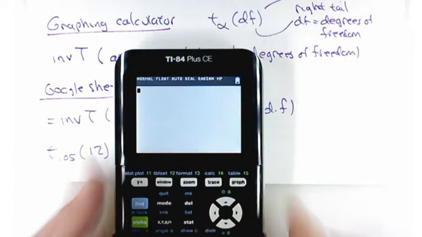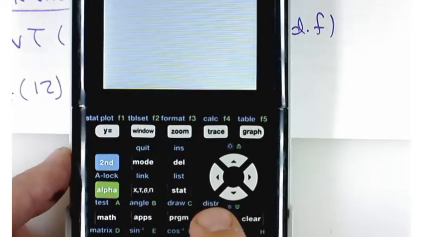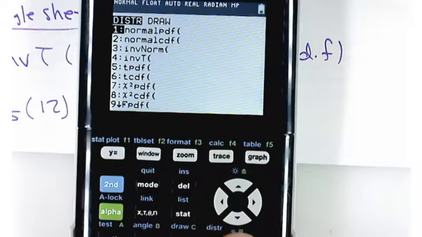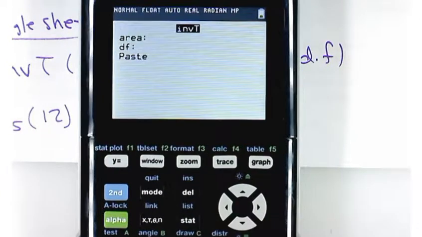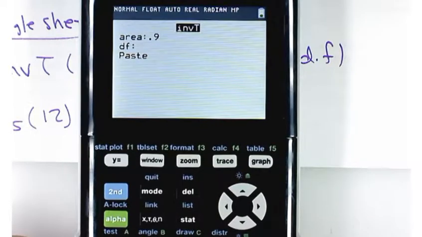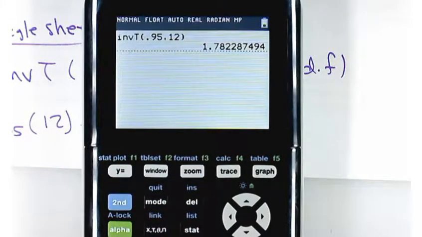So let's go to a familiar key, distributions. So second, and then the vars key. Inverse T should be your fourth selection down. Area of 0.95, 12 degrees of freedom. Should get about 1.782.